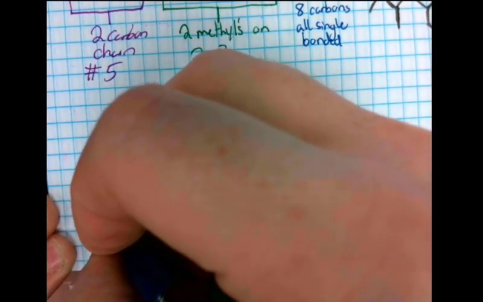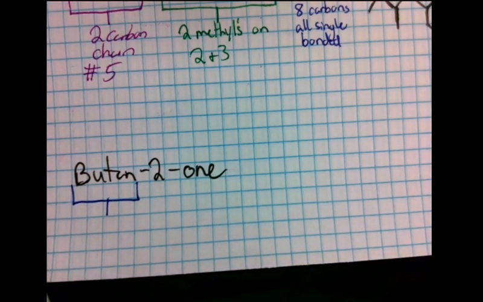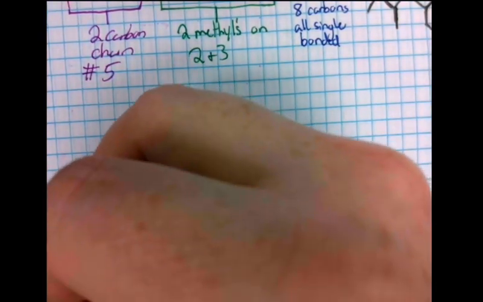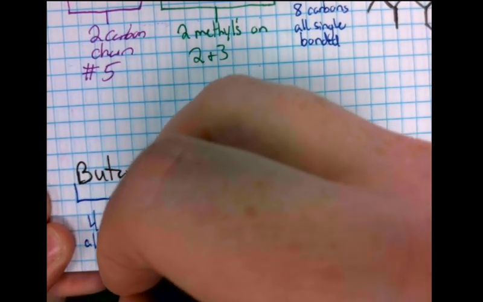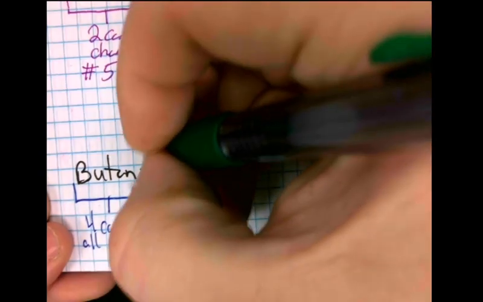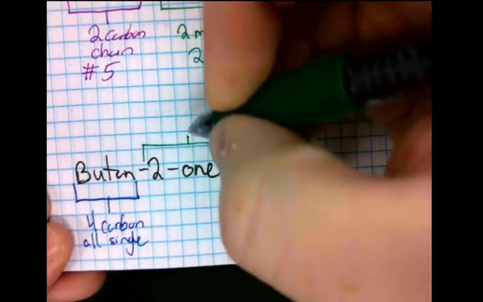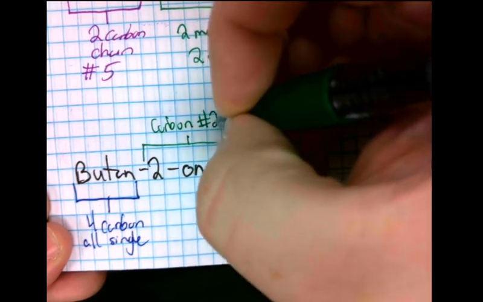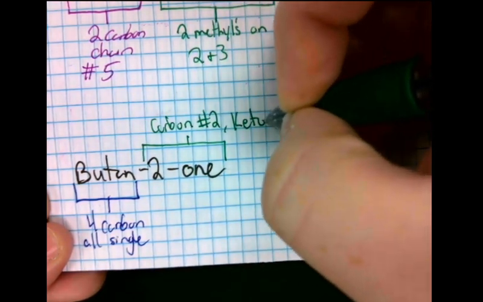So butane, methyl, ethyl, propyl, butyl. So that's 4 carbons with all single bonds. And then 2-one means on carbon number 2, there is a ketone.